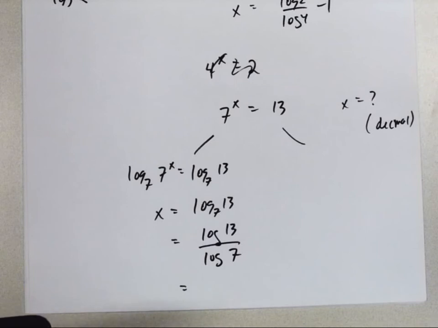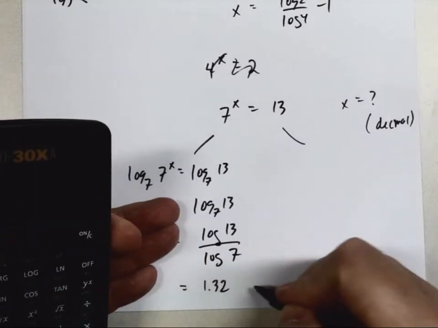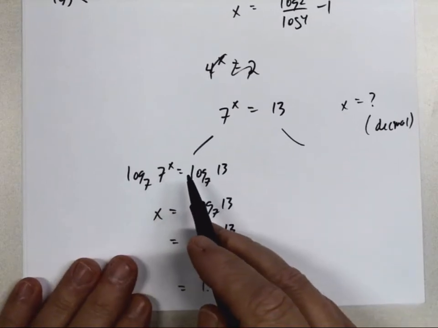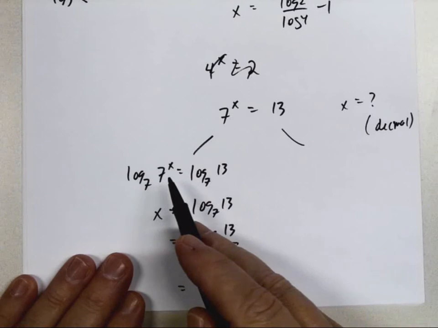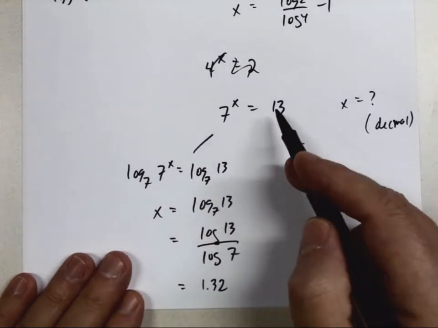Log base 10 of 13 divided by log base 10 of 7. So that's one way. So once again, to review, this is the way where I decided to take this exponential equation, convert it to a log equation, take the log of both sides.